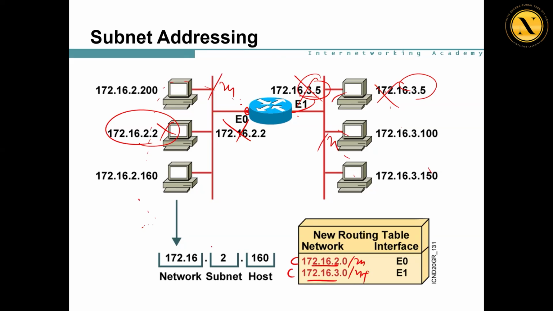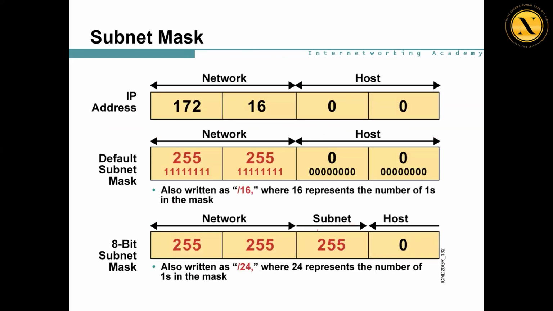Because of this, I know it is /24. Correct? So it says, okay, first two octets, class B, network portion. Third one has gone in the subnet portion, and this obviously is in the host portion. We know the default mask for class B, right? Now, so we have been given an IP address and a default subnet mask.